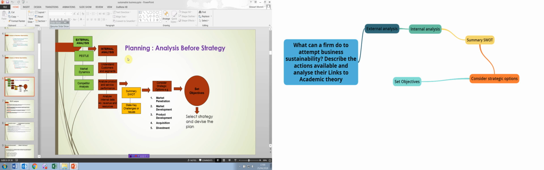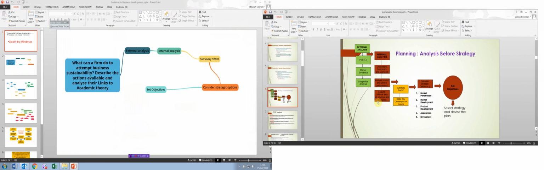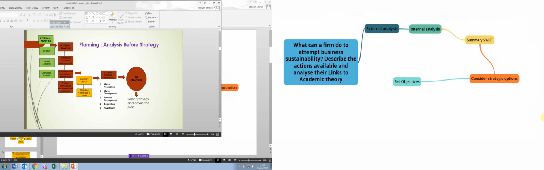You will see that there we've got your external analysis, internal, your summary SWOT, which leads on to your key issue statement. Then you're considering your strategic options and setting your objectives. Out of the way, and then continue on with this one.